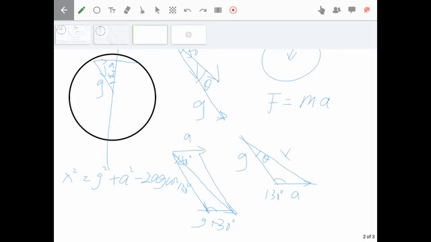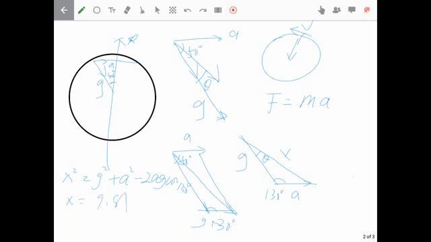So x equals the square root of 9.8 squared plus 0.02196 squared, minus 2 times 9.8 times 0.02196 times cosine 130. Okay, I got 9.81. So x equals 9.81.